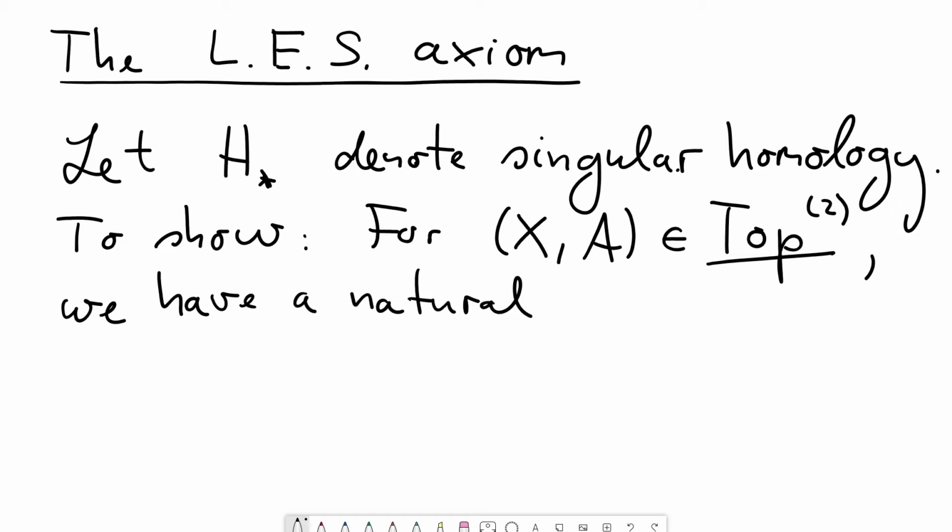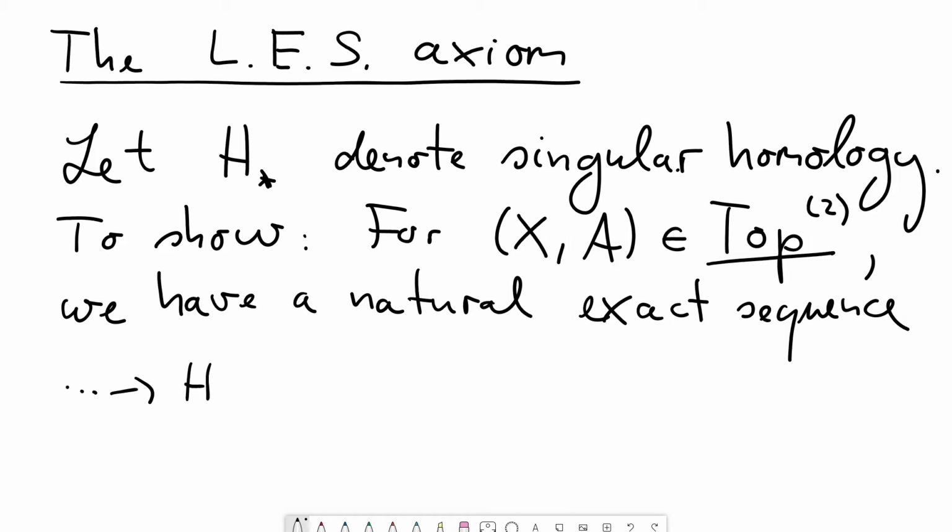Okay, so long exact I don't need to write, we just write exact. We have a natural exact sequence of the following homology R modules. So it's infinitely long. I just write the portion starting at degree n plus 1.